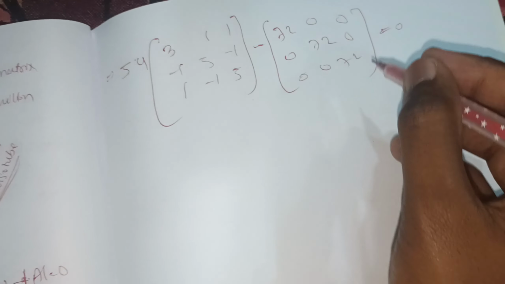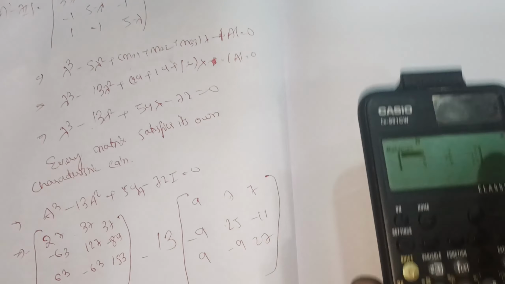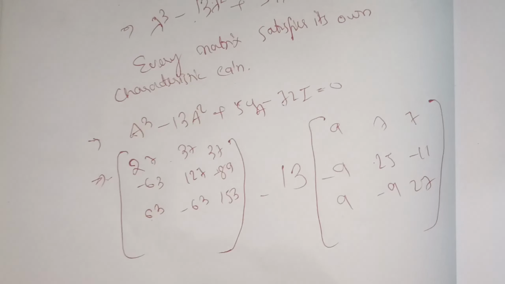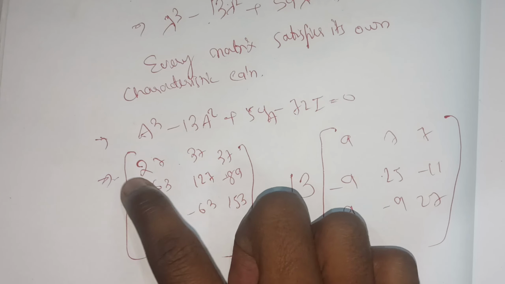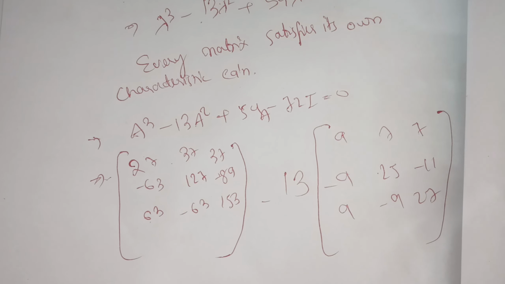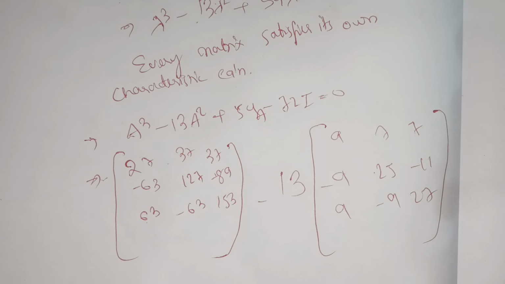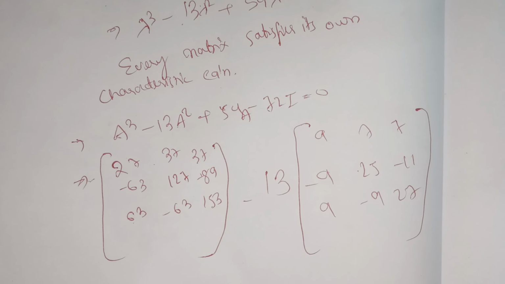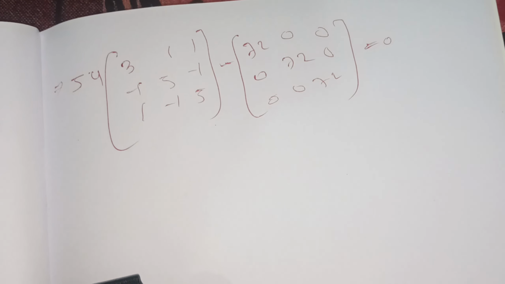So next verify this by using the calculator. I am using the calculator for faster calculations. If you do it by hand calculations like 27 minus 13 into 9 minus 72 minus 54 into 3, it will be a greater problem. It will create more problems in answering the question. So I am doing it in the calculator for easier and better calculations.